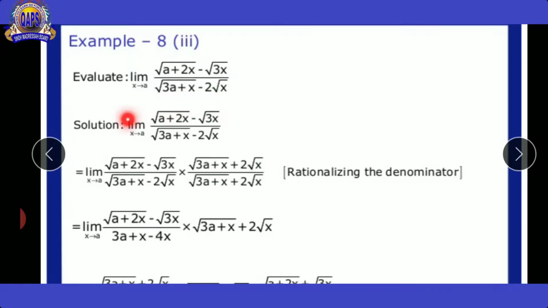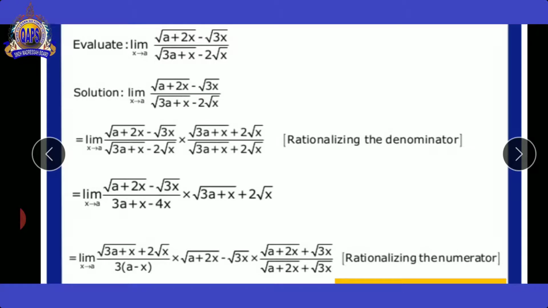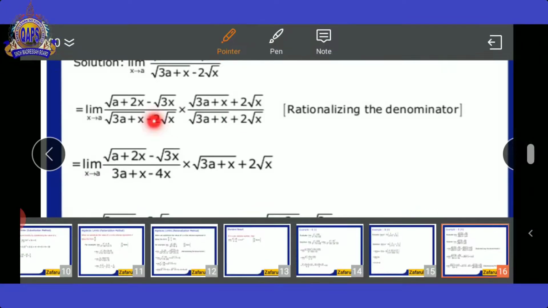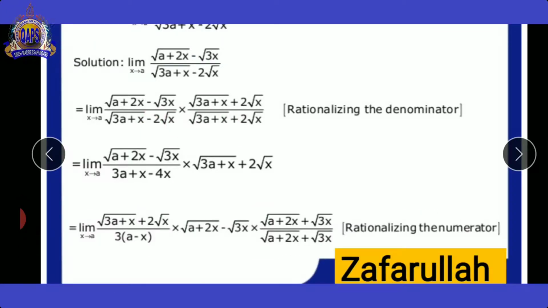This limit is the same. Now we rationalize the denominator. The denominator has a negative minus 2 radical x, so we multiply by the positive one. When we see here, this is the same condition and this will be the same, but the difference is negative and positive.